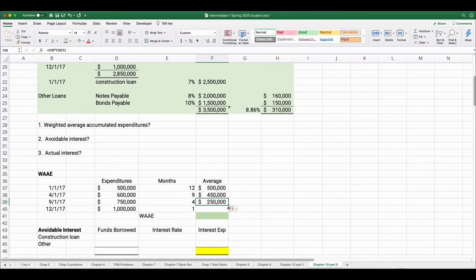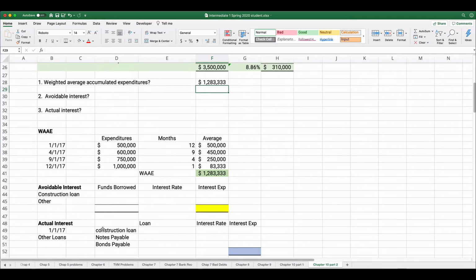And then 1 million times 1 twelfth is 83,333. We're going to add this up and total 1,283,333. This is our weighted average accumulated expenditures. That's our answer in this problem.